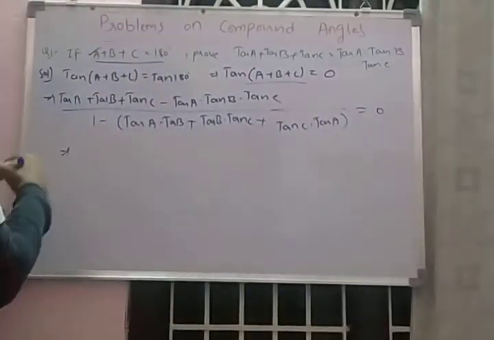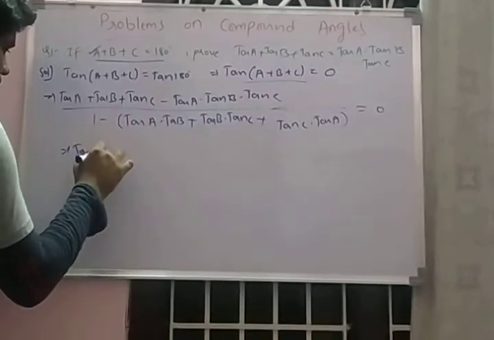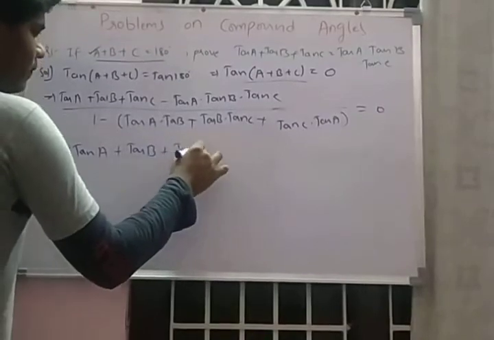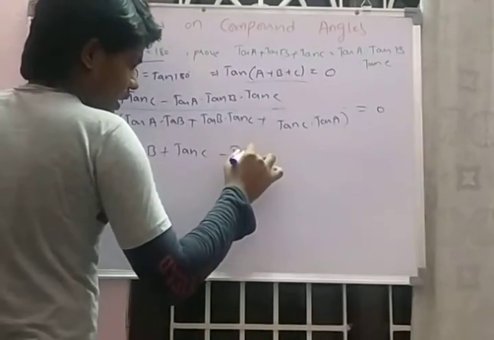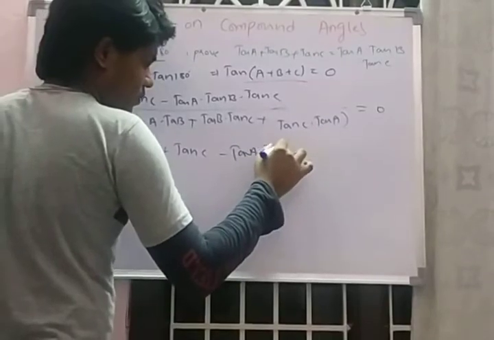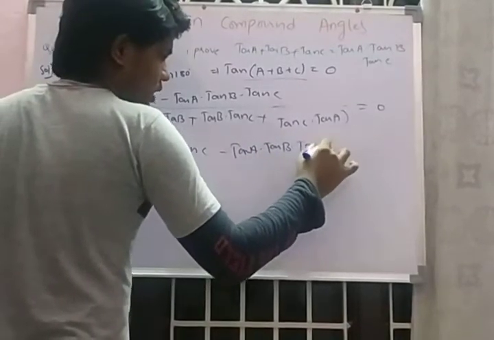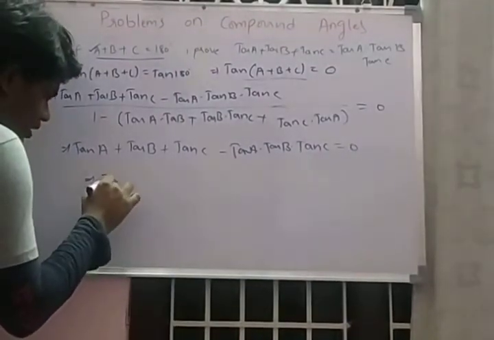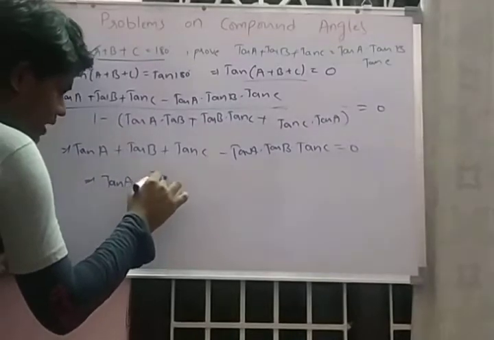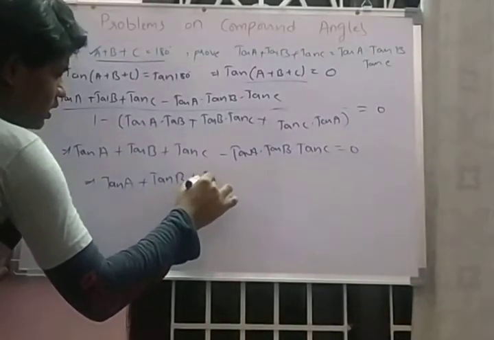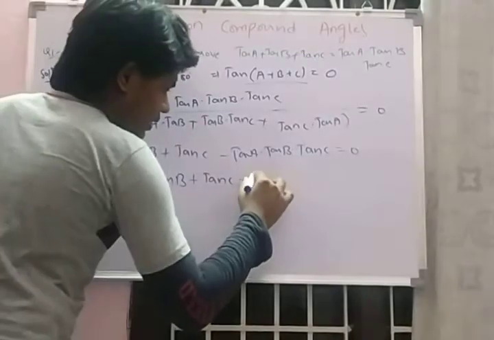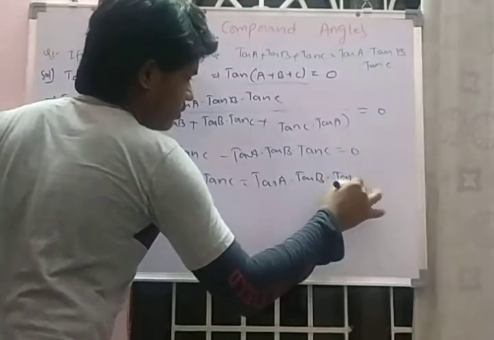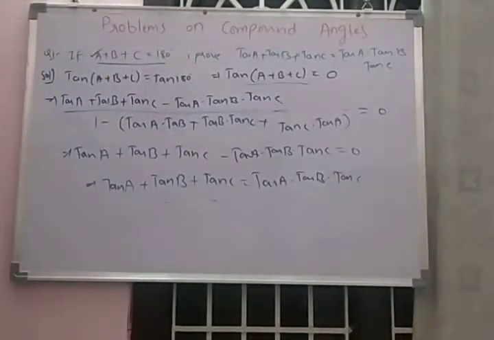So from this, tan A plus tan B plus tan C minus tan A tan B tan C is equal to 0. So now finally tan A plus tan B plus tan C is equal to tan A into tan B into tan C. So finally we proved it.